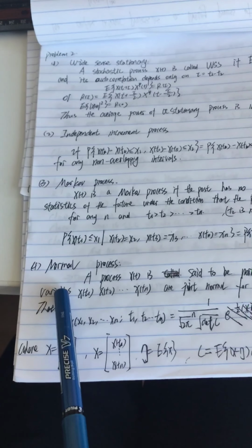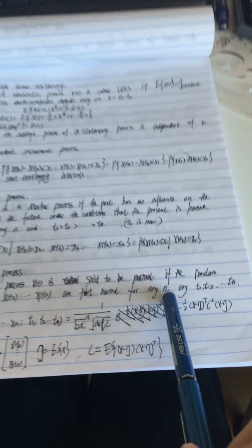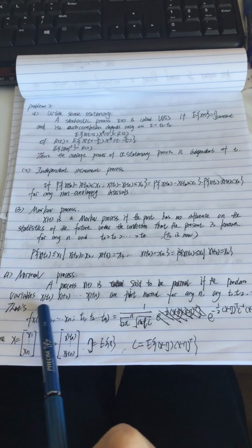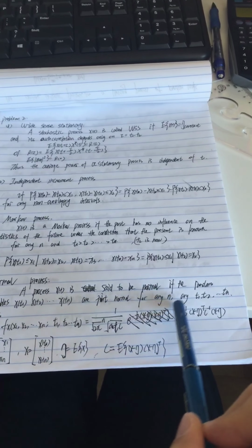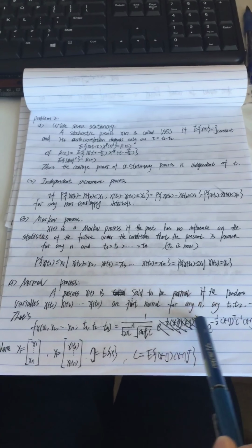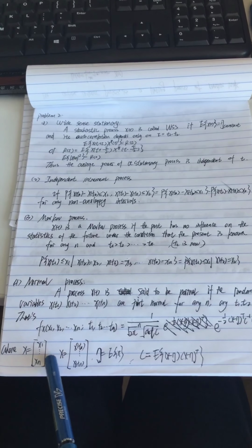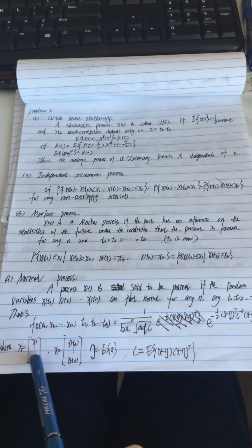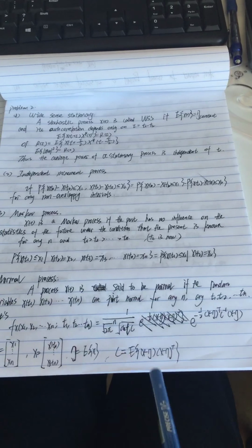The fourth example is the normal process. A process x(t) is said to be normal if the random variables x(t1), x(t2), ..., x(tn) are jointly normal for any n and any t1, t2, ..., tn. That is this equation, where x(t) is here, and the mean of x(t) is here.